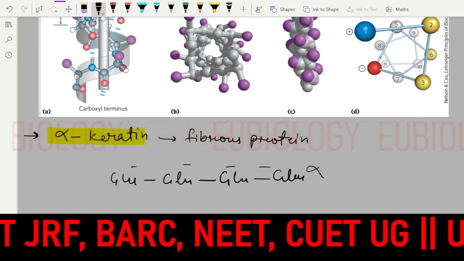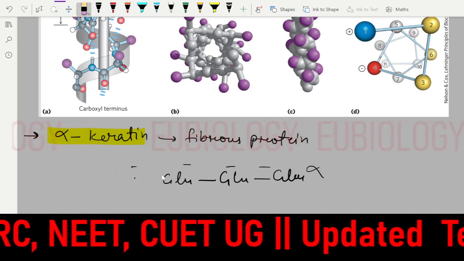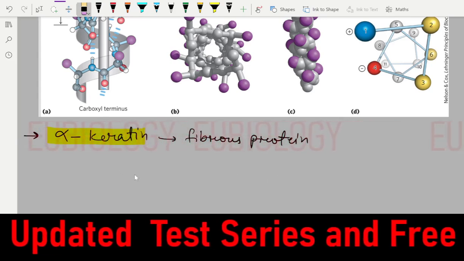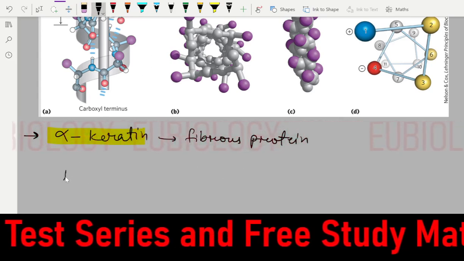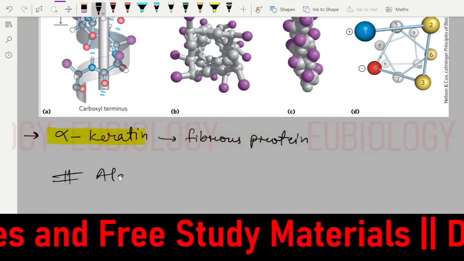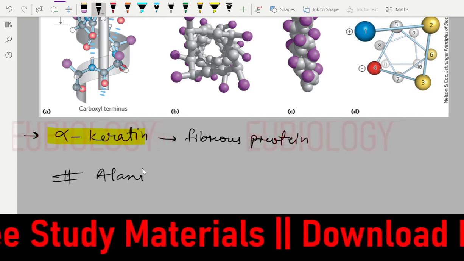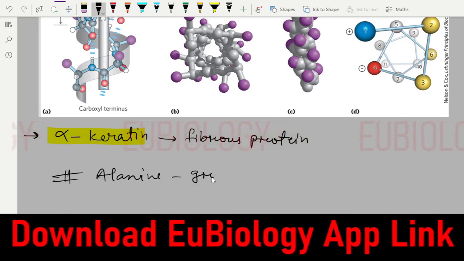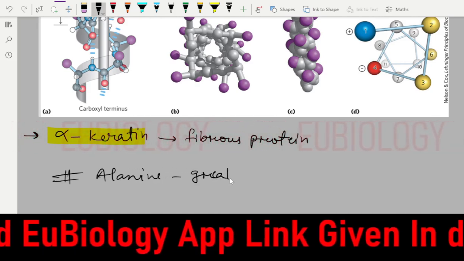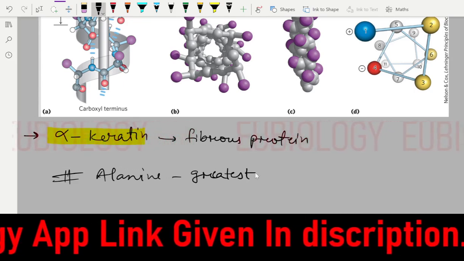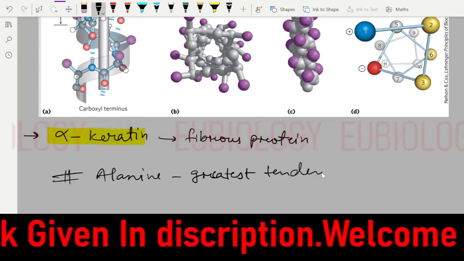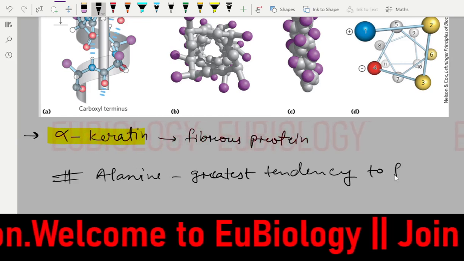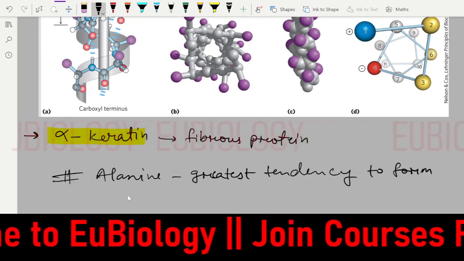So there should be different types of amino acids in the chain. The important point here is that alanine has the greatest tendency to form an alpha helix.